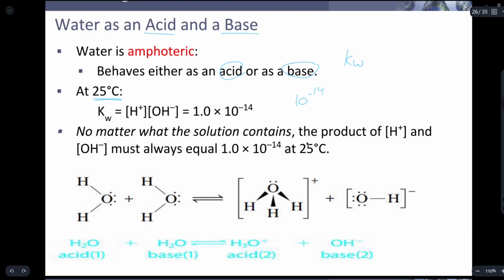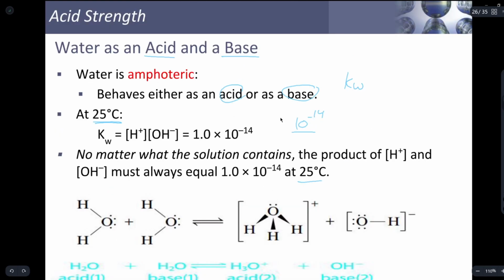No matter what solution you have, you can always depend on Kw being 10 to the power of negative 14 at 25 degrees Celsius. In an aqueous solution, we can get the Kw value by multiplying the H plus concentration by the OH minus concentration.